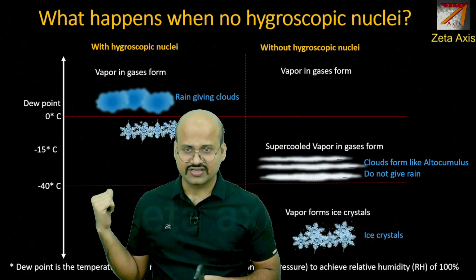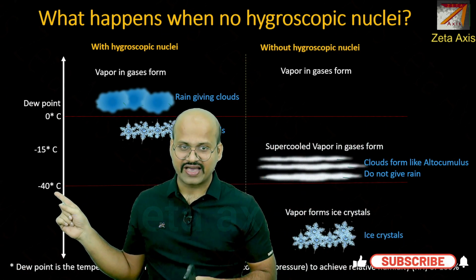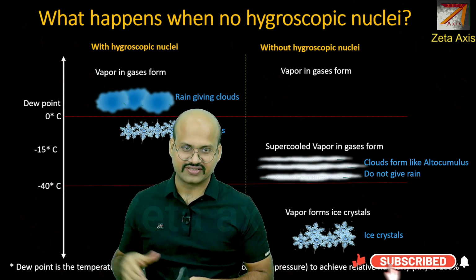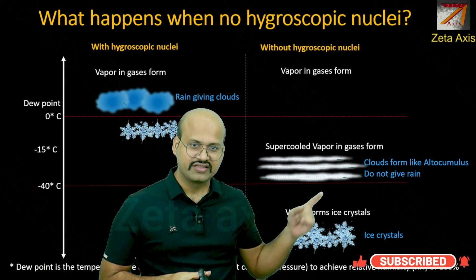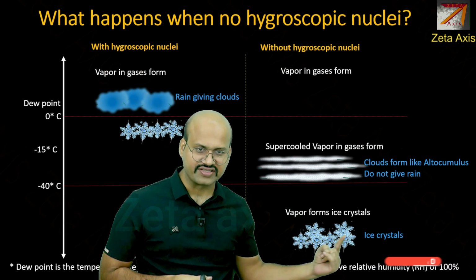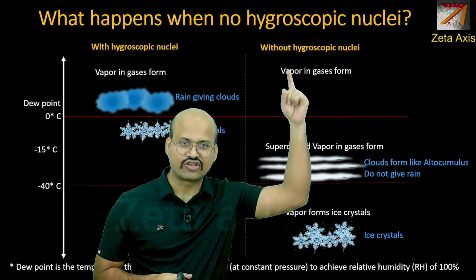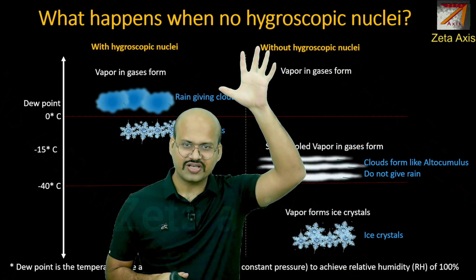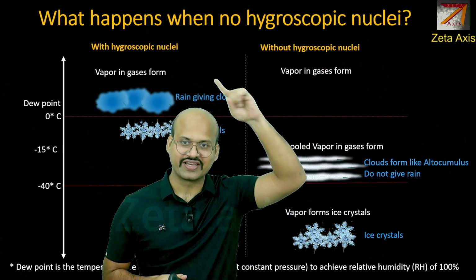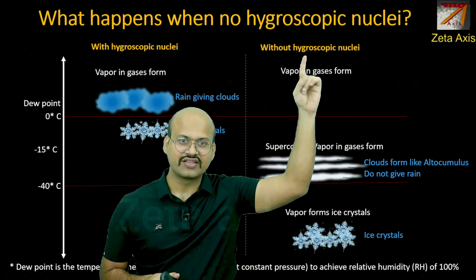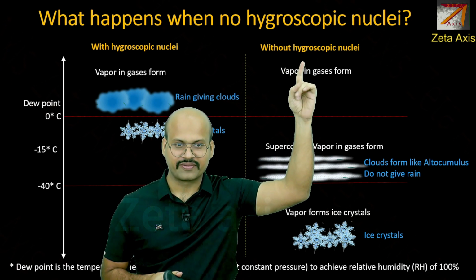If the temperature further decreases and reaches minus 40 degrees Celsius, only then can this vapor form ice crystals. Here the ice crystals are formed without a hygroscopic nuclei. So this is the difference in the process when there is hygroscopic nuclei and when there is no hygroscopic nuclei.